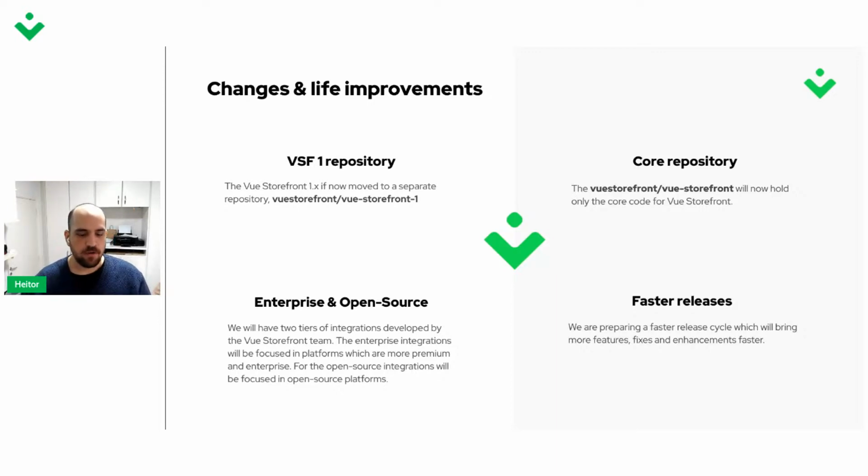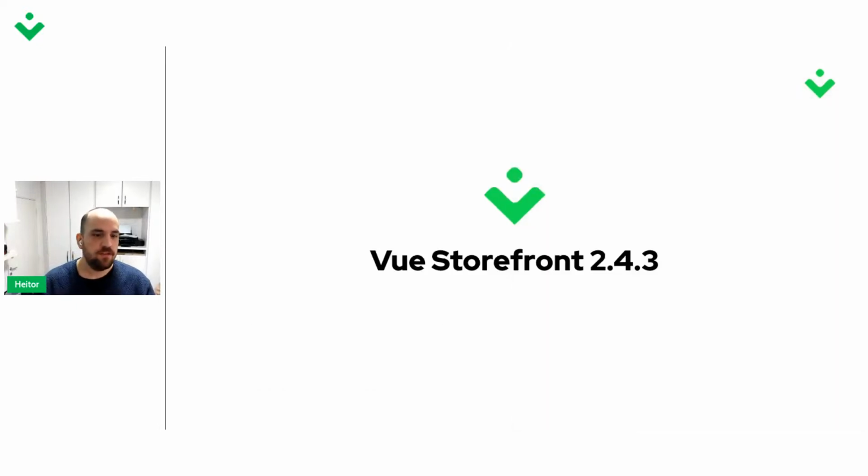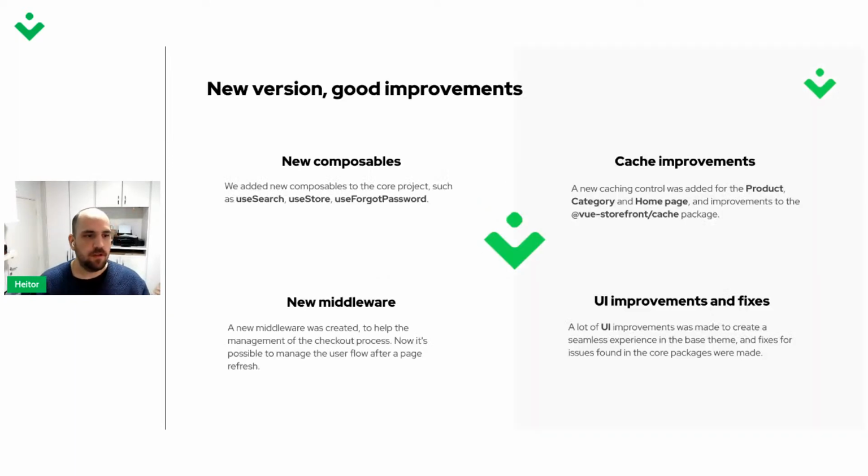And by doing that, we're going to provide new Vue Storefront releases, features, and enhancements out there in the wild faster and faster, thanks to your feedback, your enhancements, and all the pull requests that you made. And that brings us to the next, Vue Storefront 2.43, which brings a new version and good improvements.